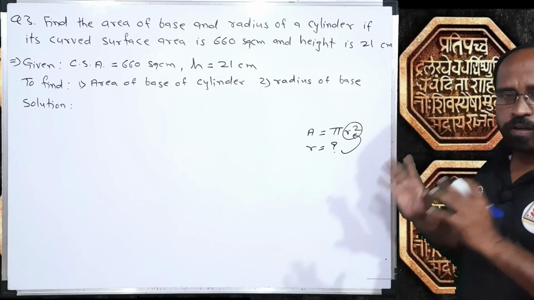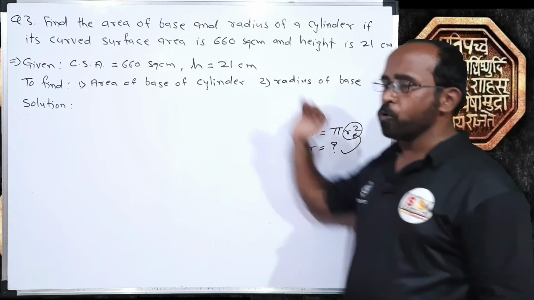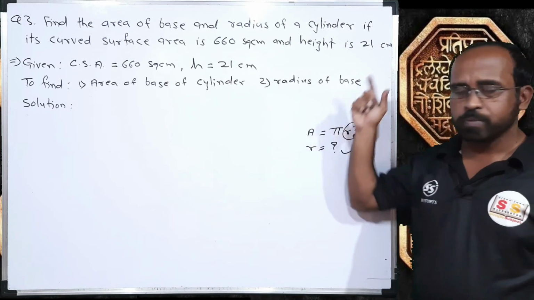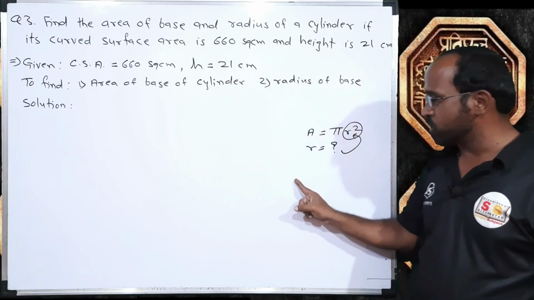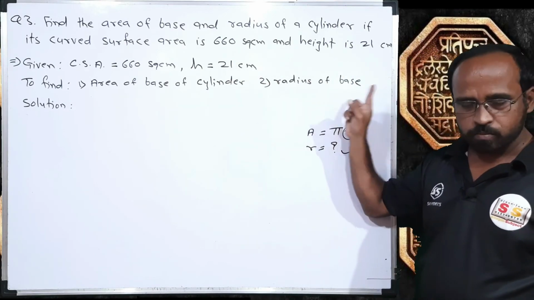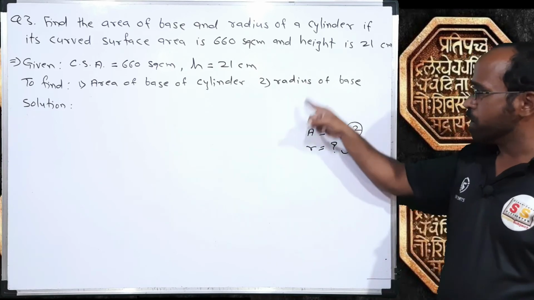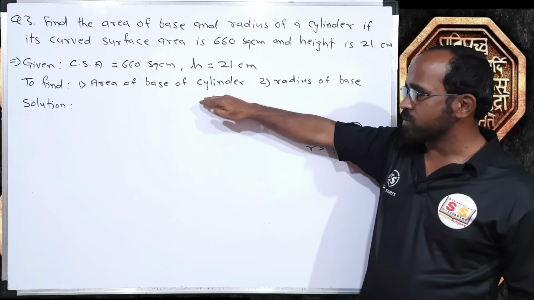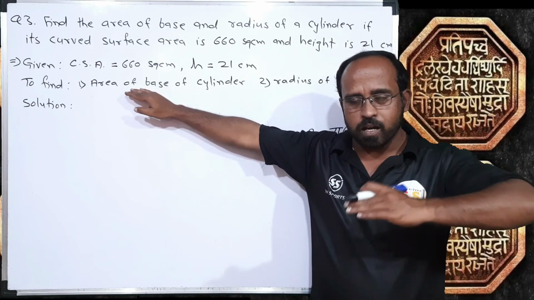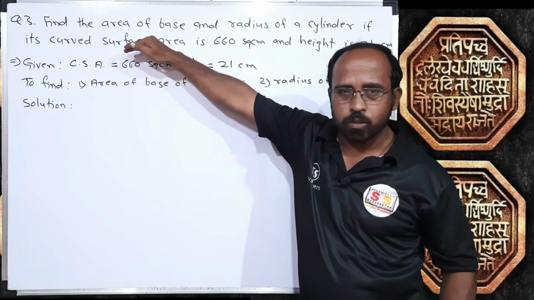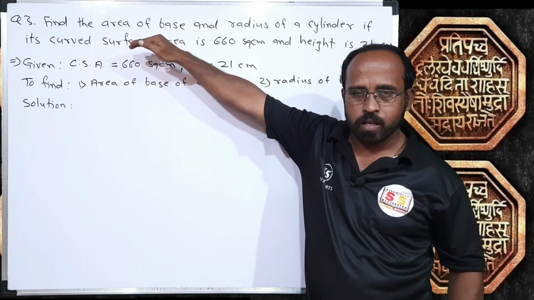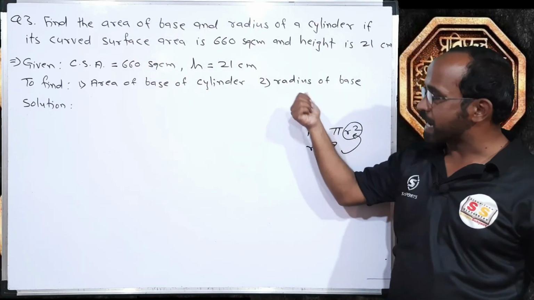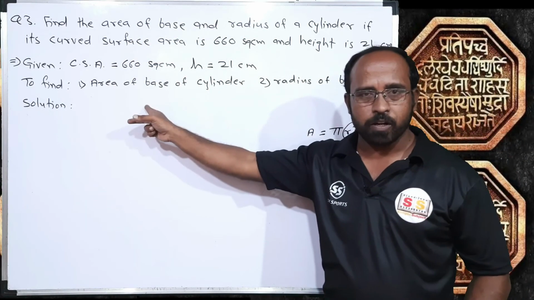Now we have to see, is there any clue to find out radius of this cylinder? Based on that clue we can find out radius, and based on this radius we can find out area. As area is written first in the to find part, but we have to find out this radius first and then only we can find out the area.